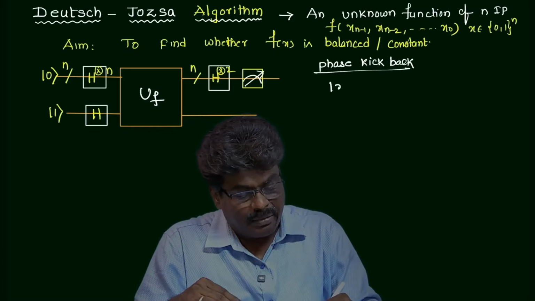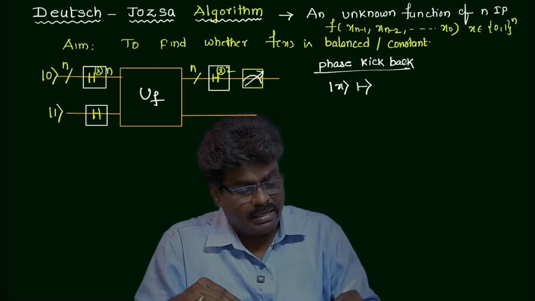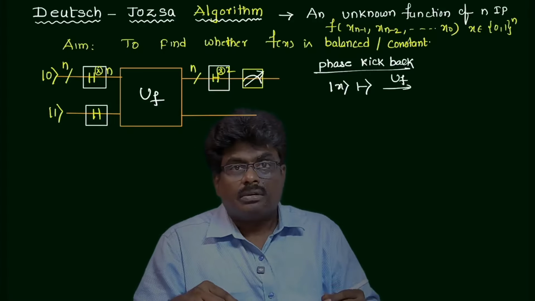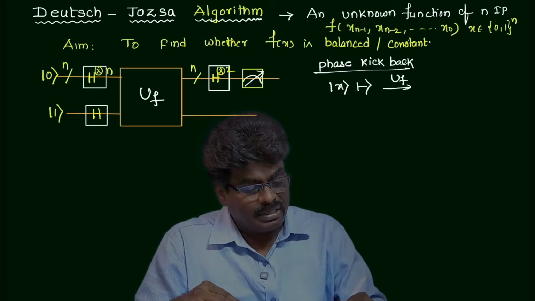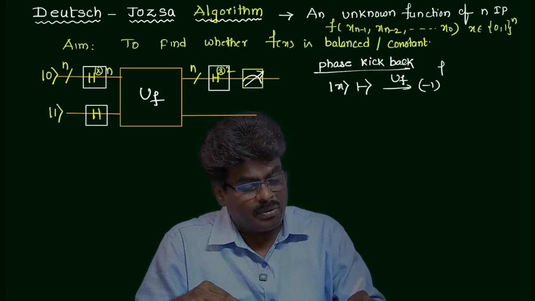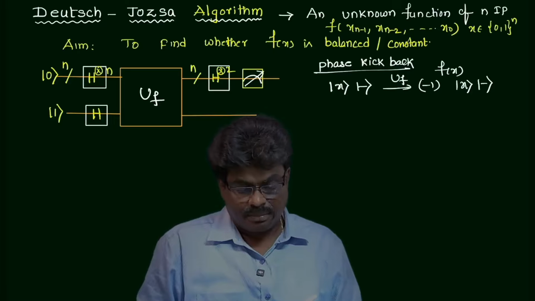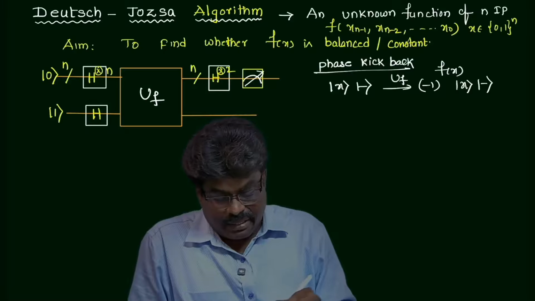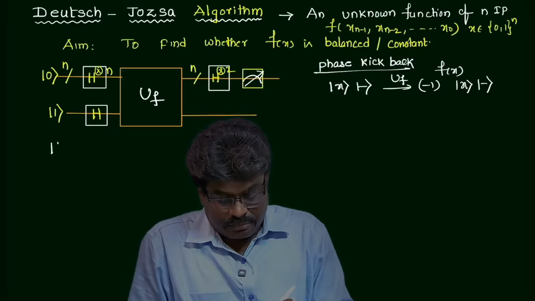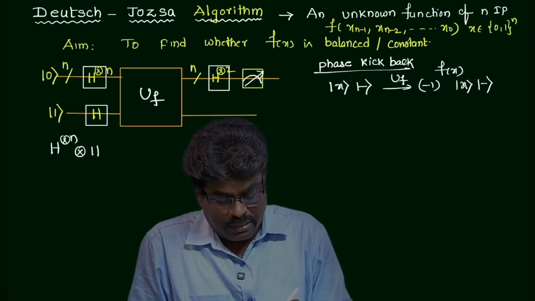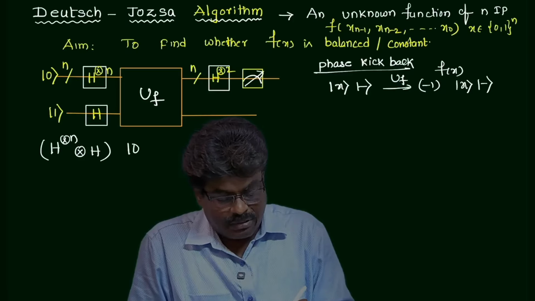So here we have x and this is a minus. Okay, so under this unitary operation, you will get minus 1 whole power f of x, x minus. Now let me take the input. Here it is H tensor n, tensor product H operates on 0.